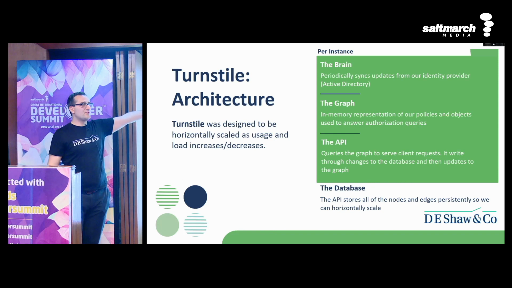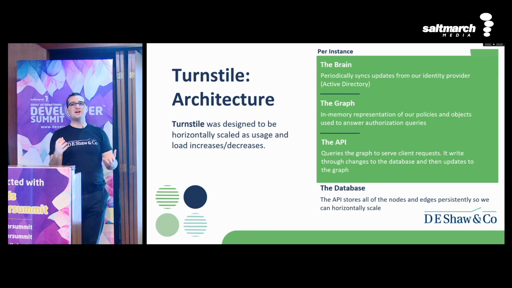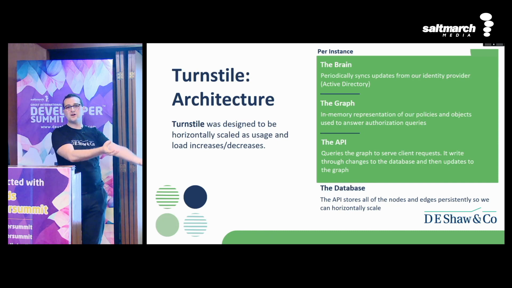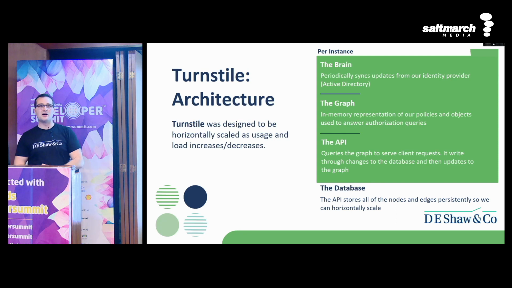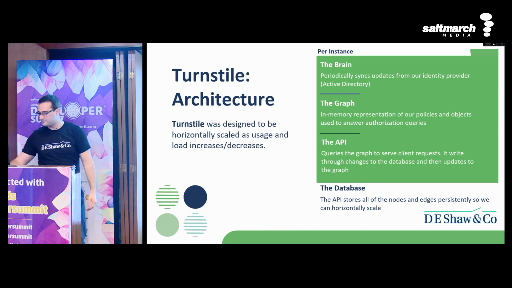We also have this extra part called the brain, which needs to know which identities we're going to use. In particular, the source of identities that we use is Active Directory. So we need to sync those identities onto our graph so that we can make the edges that we need to them and make sure that when people ask about the right person, we actually refer to them.